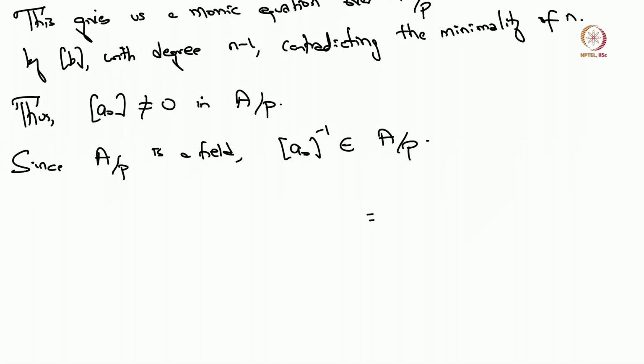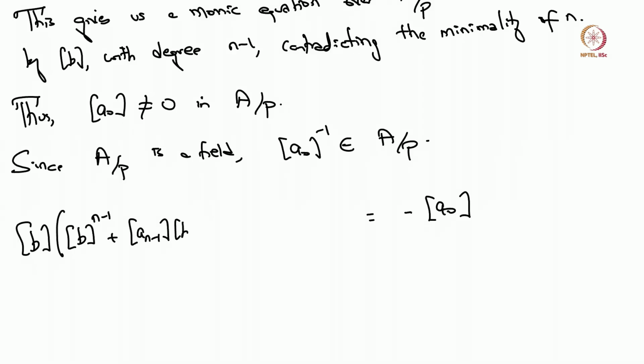So I just pull the constant term over to the other side, and if I factor out the b, I get bracket b times bracket b to the n minus 1 plus bracket a n minus 1 bracket b to the n minus 2, and so on and so forth, all the way up to bracket a1.